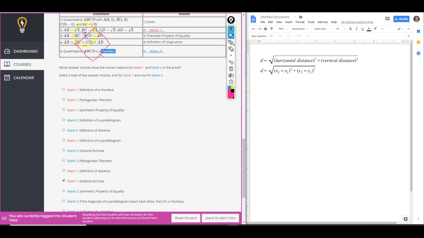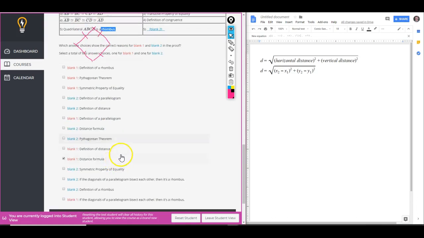They did not use a squared plus b squared equals c squared in there. It has to support the statement that quadrilateral ABCD is a rhombus. So it is not because of the symmetric property. Blank 2, if diagonals of a parallelogram bisect each other, then it's a rhombus? No, it's saying definition of rhombus.